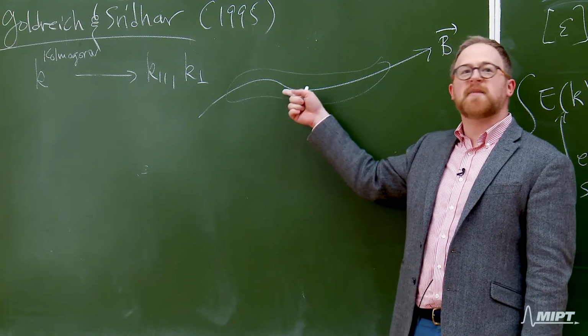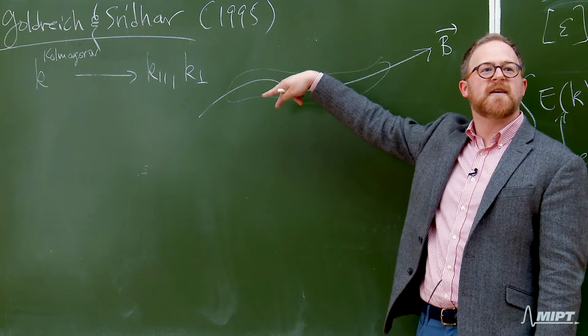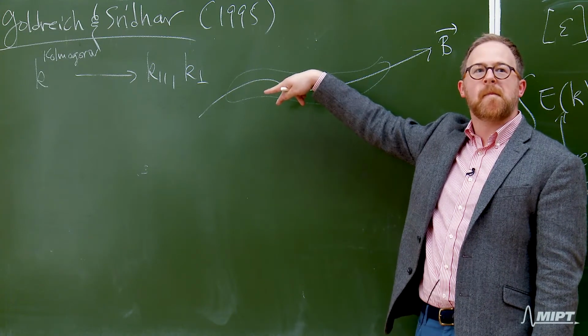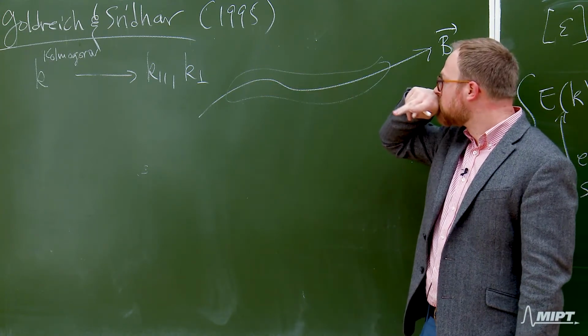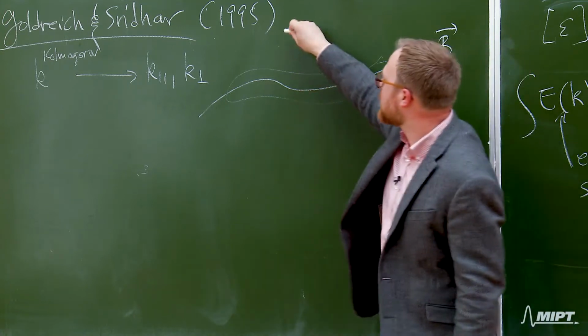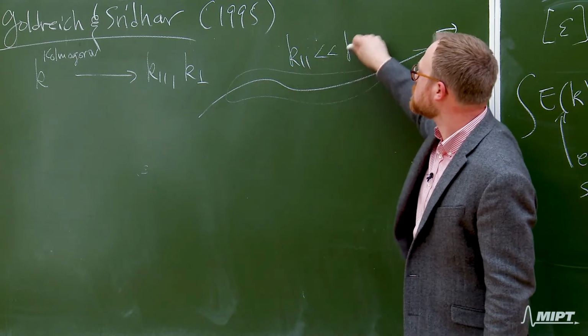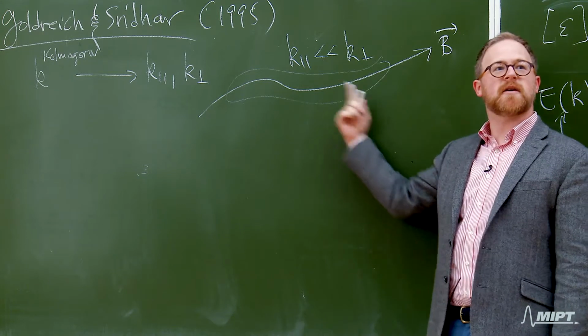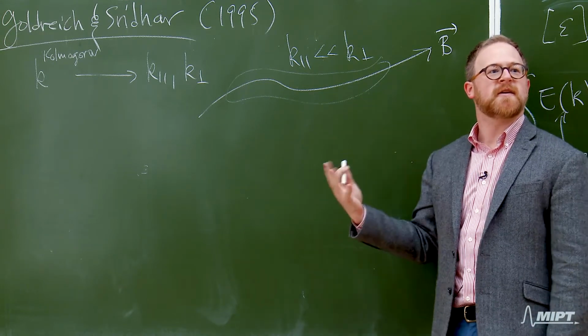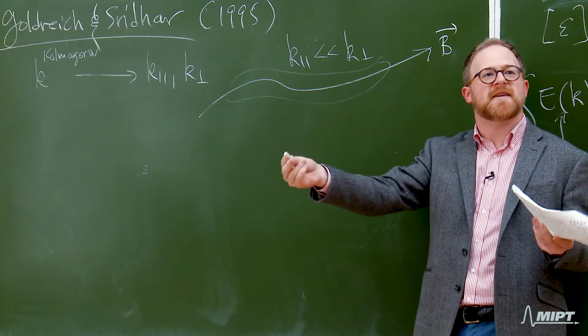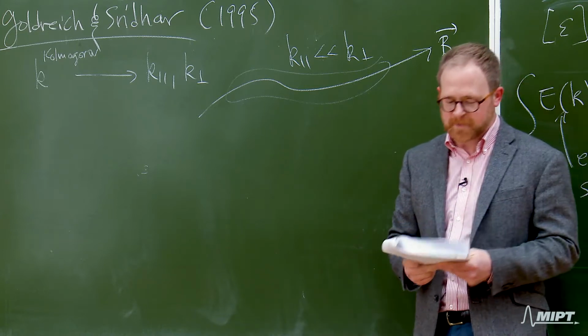But they don't really mind that much having ripples across themselves. So you're allowed to have smaller scales across field lines than you are along field lines. It's just natural because there's some elasticity associated with the field lines.